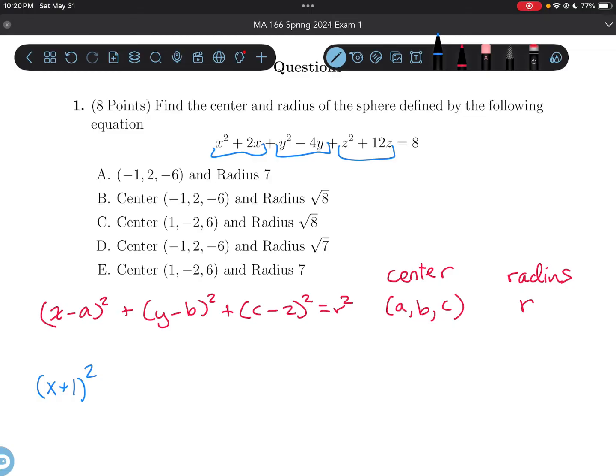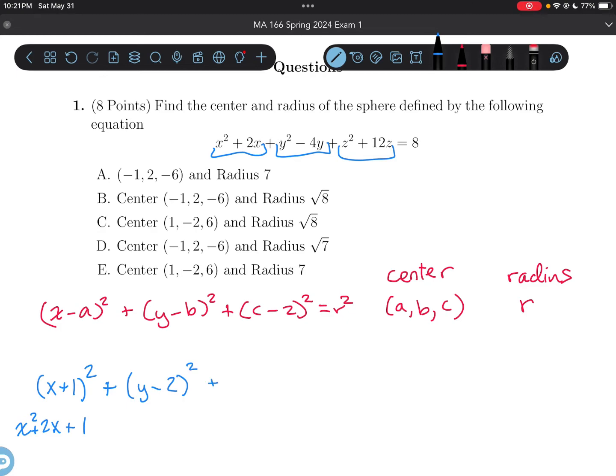And then we can verify that this is correct by expanding this, and we get x squared plus 2x, and that matches what we had before. And this is important for later, but we also get a plus 1. Okay, so now if we similarly complete the square for y squared minus 4y, we get y minus 2.